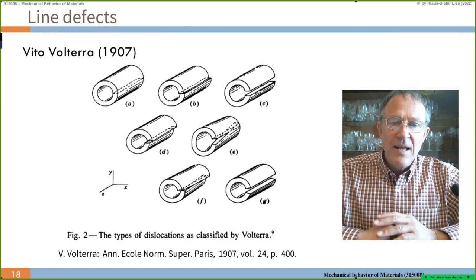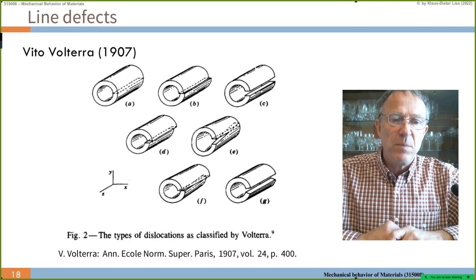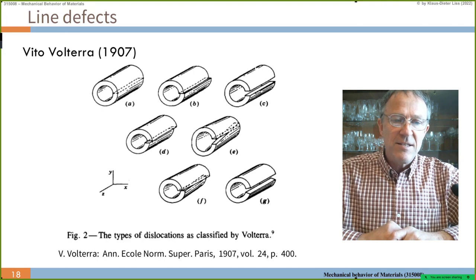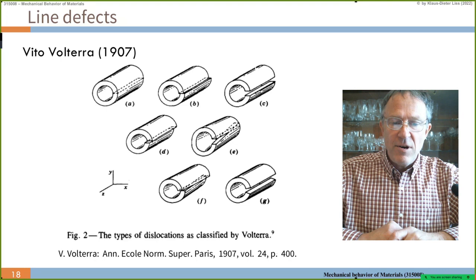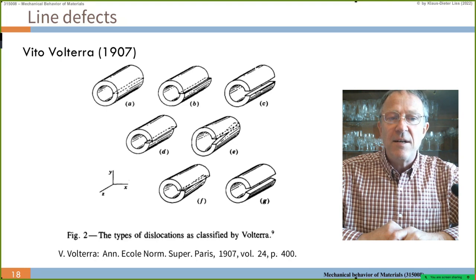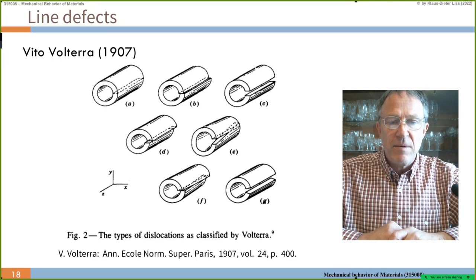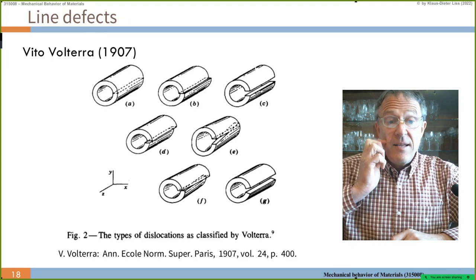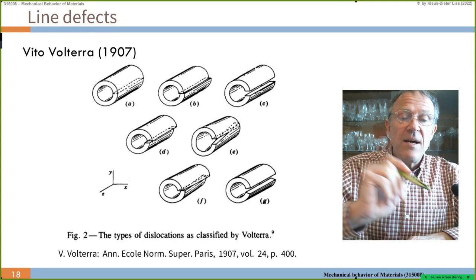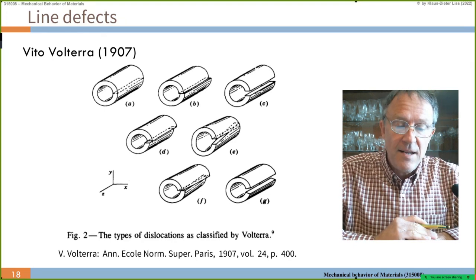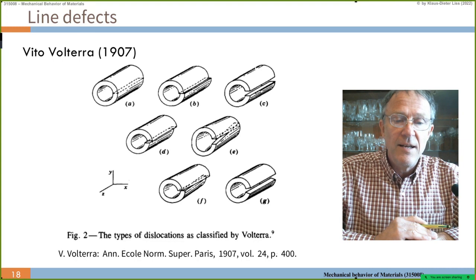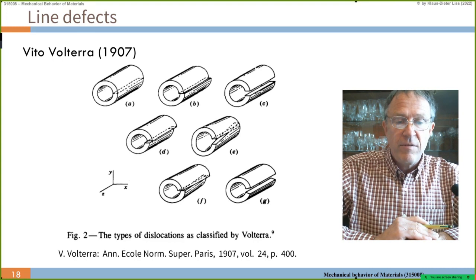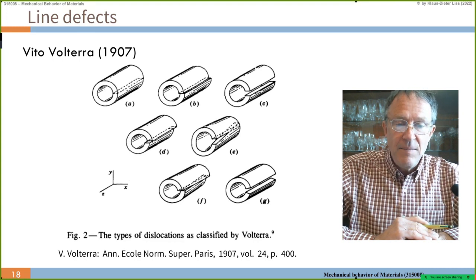So let's look to the line defects, because dislocations, as you will see, they're line defects. And already in 1907, there was not much known about crystals and dislocations. In 1907, Volterra, he calculated already these kind of defects, namely, you have a cylinder.